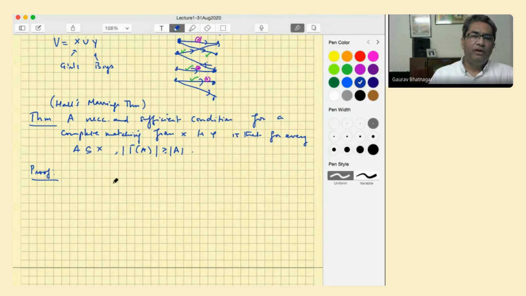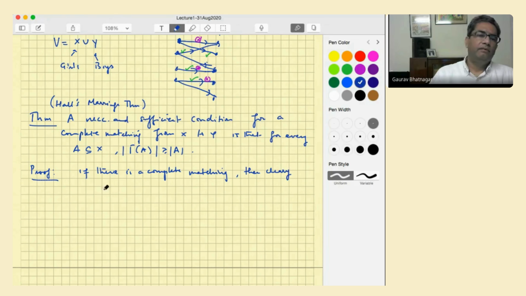So first of all, this side: if there is a complete matching, that's easy. Then it's clear that for any A, gamma A has to be bigger than or equal to A. Why?